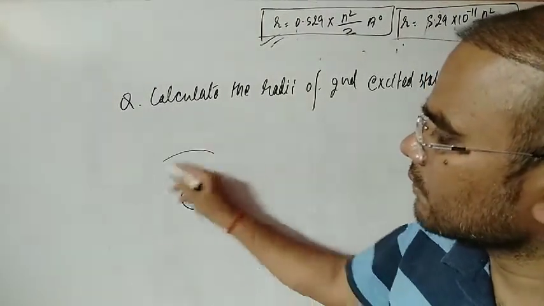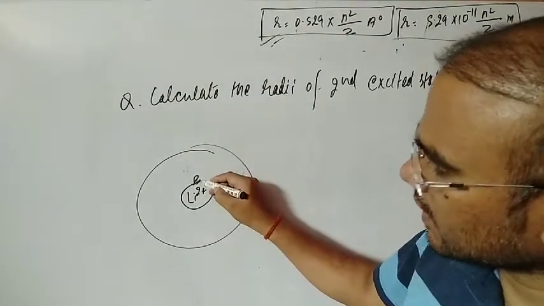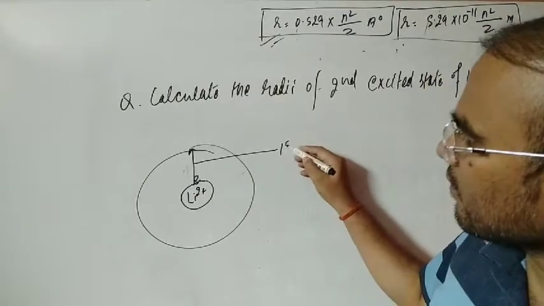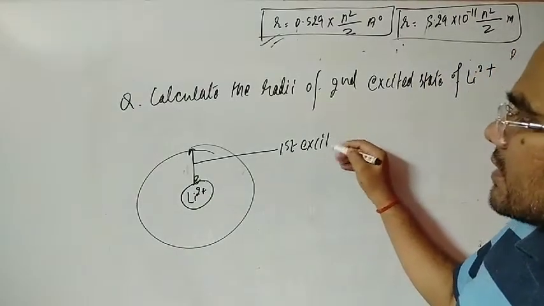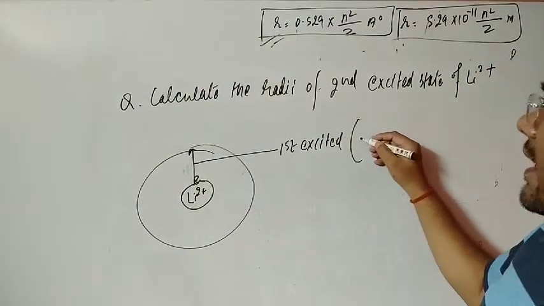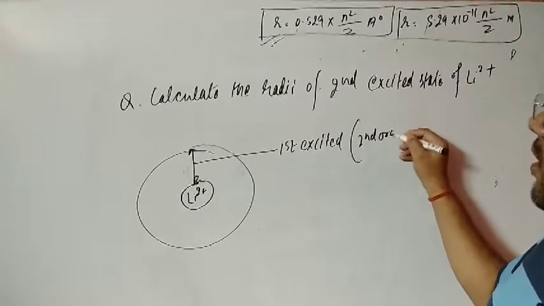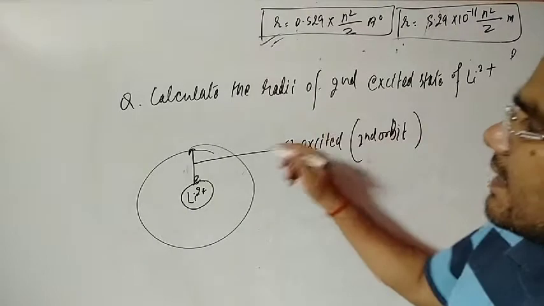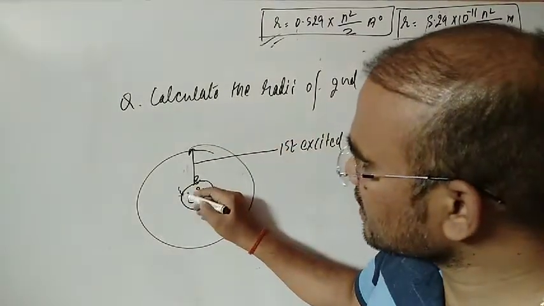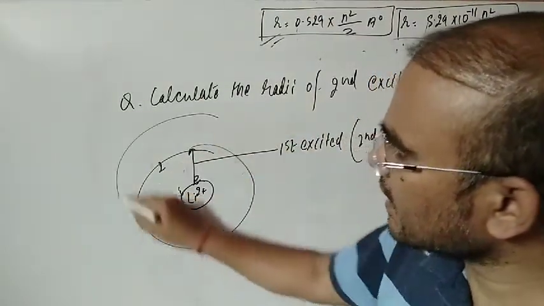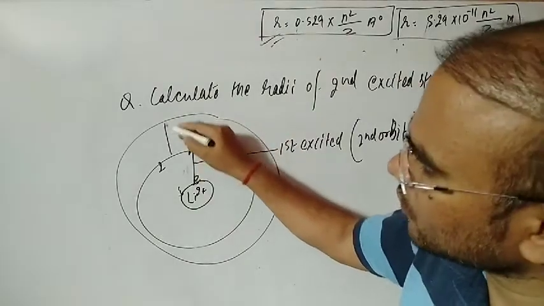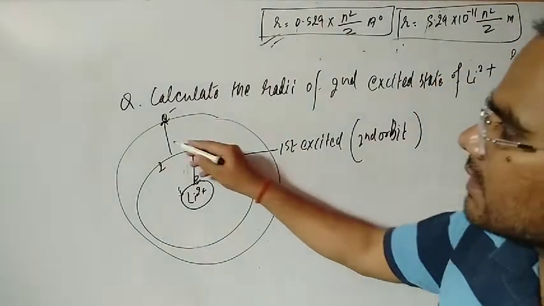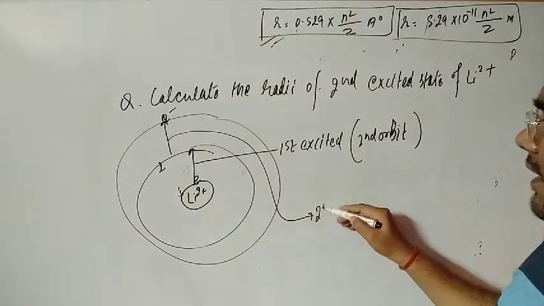If the electron is here, this is the first excited state, meaning the second orbit. Now they are talking about the second excited state. Suppose this is n equal to 2. Now the electron will jump from the second to the third orbit, so this is the case of the second excited state.